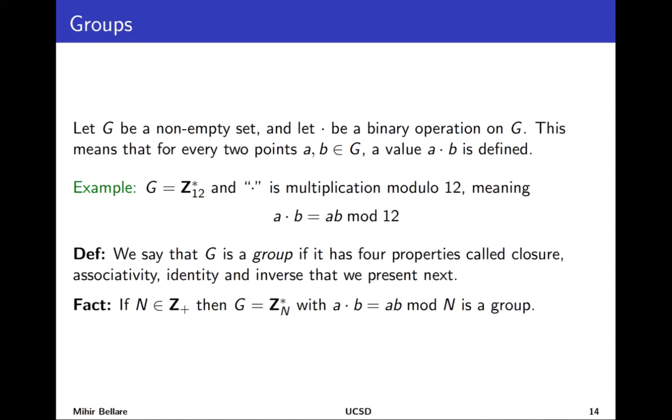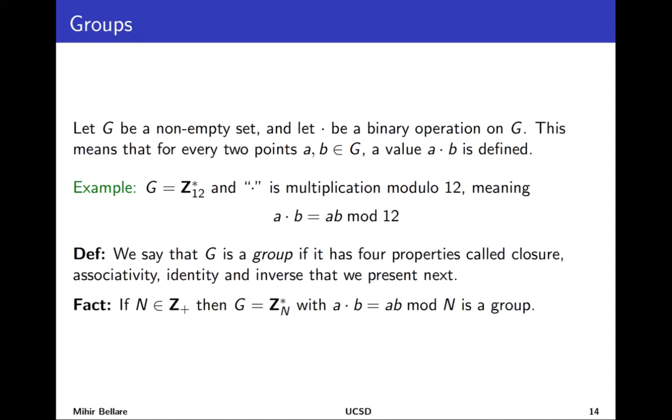So now when you have a set like the above and some kind of operation has been defined, we say that this set is a group under that operation if it satisfies certain properties, and there are 4 of them, and they're called closure, associativity, identity, and inverse.